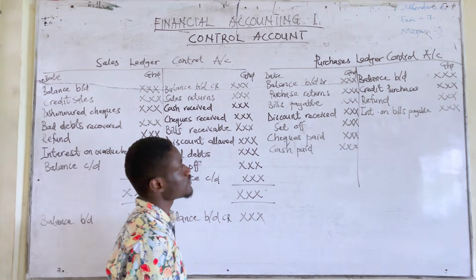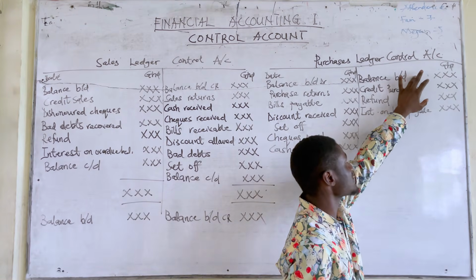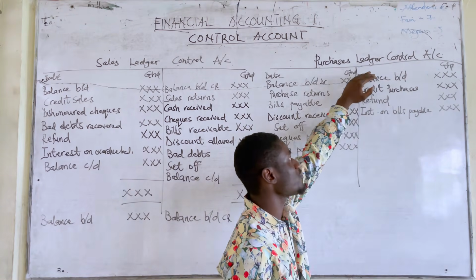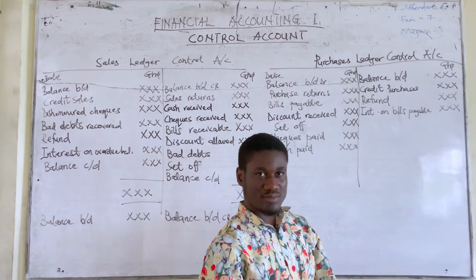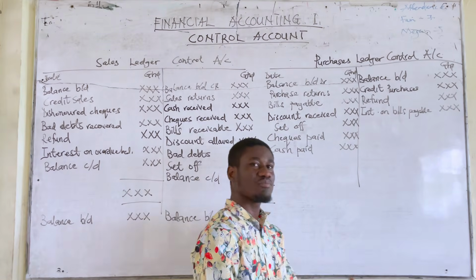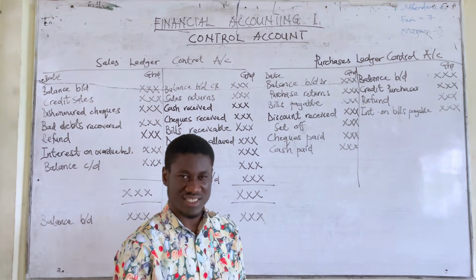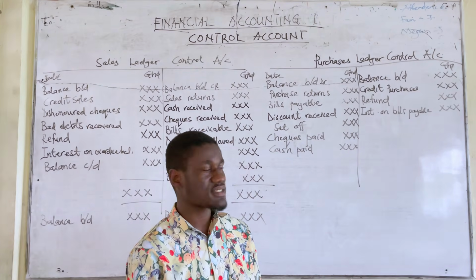So with this, as I said, the purchases ledger control account normally should have an opening balance at the credit side. The credit side are items that will increase the amount we owe our creditors. So if we make purchases on credit from our creditors, we've not paid them, so the amount we are owing them is what is increasing.